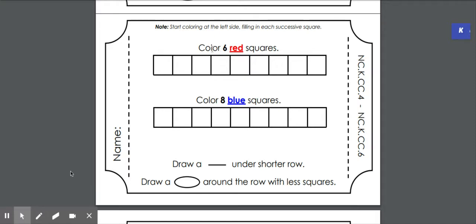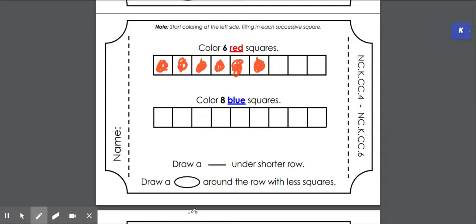This first one, it tells us how many squares we're going to color red. How many? 6. So Miss Ingram's going to color 6 squares red, best that I can. I'm not going to color it all in. It's hard on the computer.